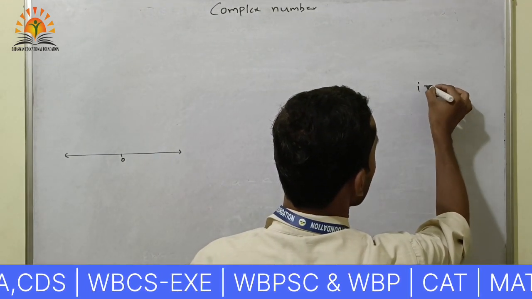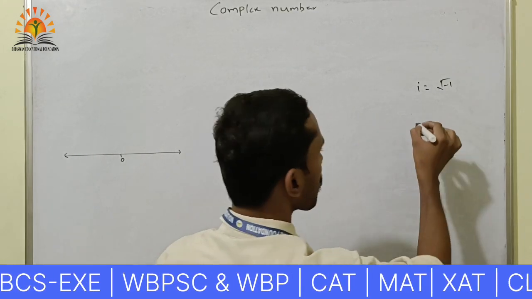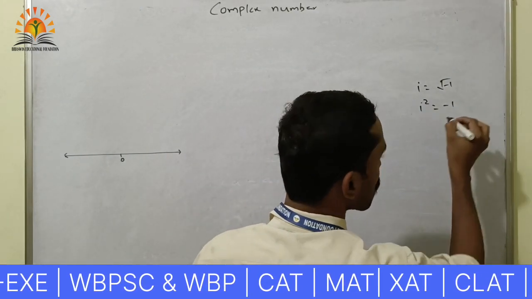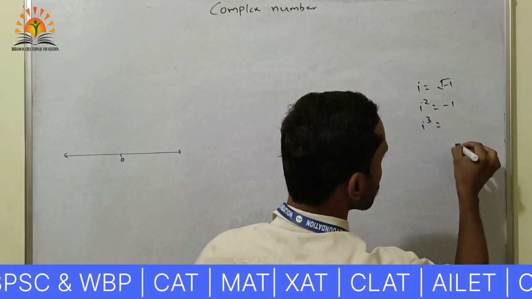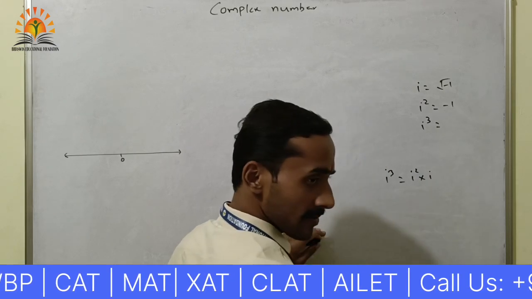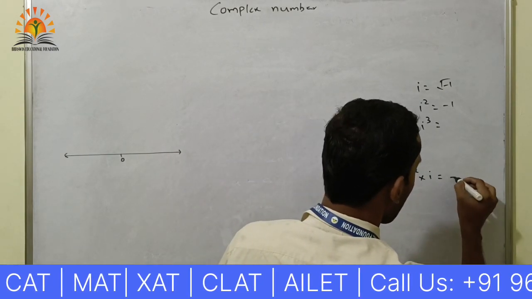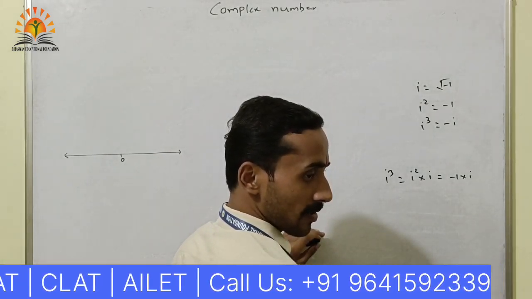So there is a table. Iota is equal to root over minus 1. Iota square is equal to minus 1. Iota cube is iota square multiplied by iota, so minus 1 multiplied by iota, which becomes minus iota.